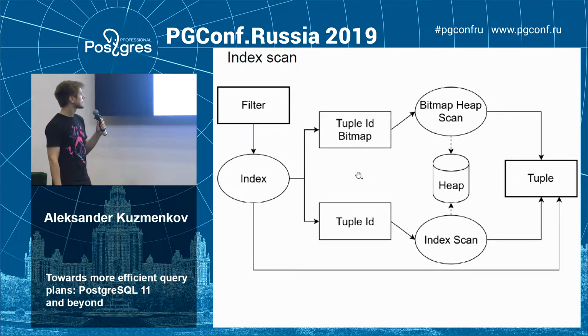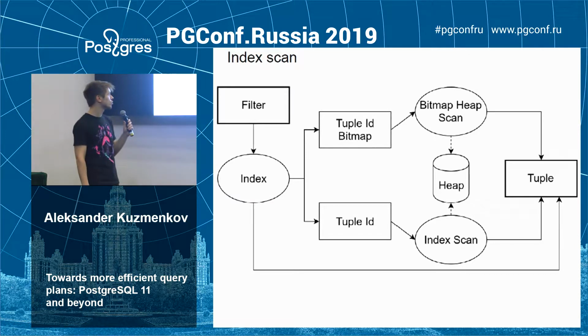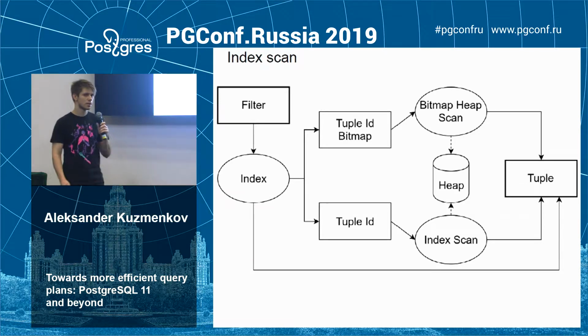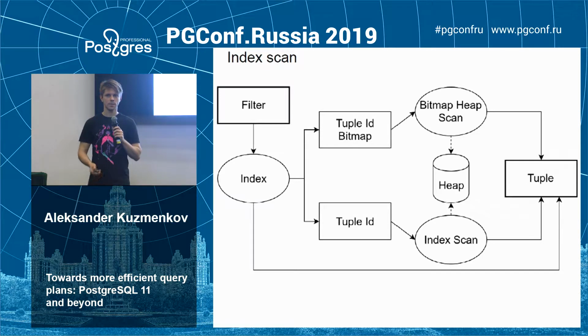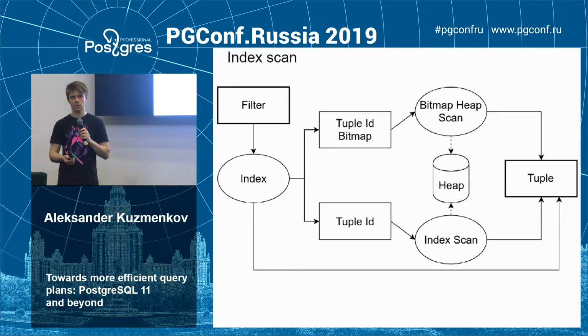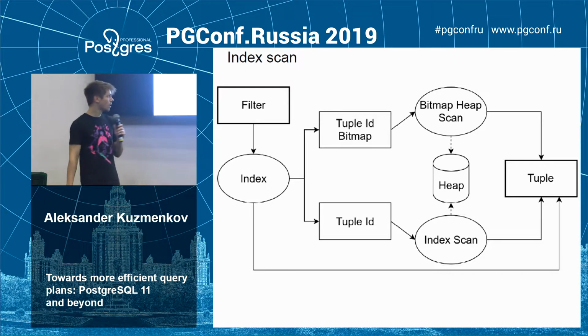Third option is the so-called index-only scan. It's when we have all the data required in the index. For example, we can request key data only. If we need the key only, the B-tree index can return the key value on its own. We do not have to go and wait for the heap.